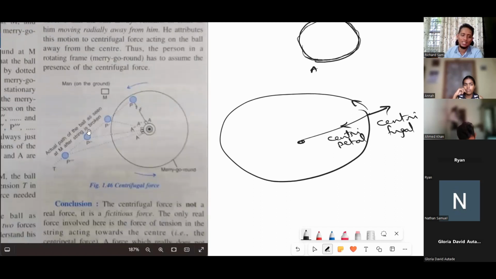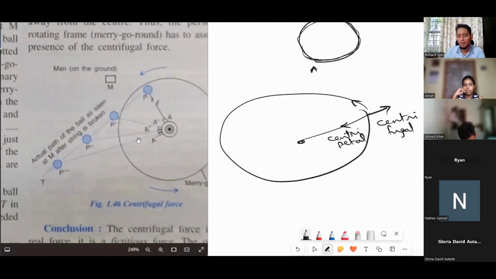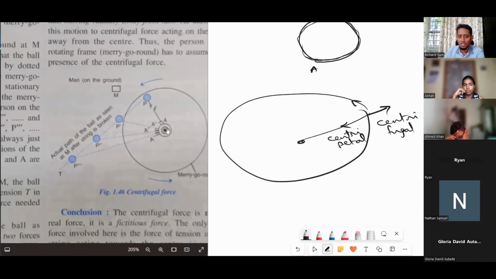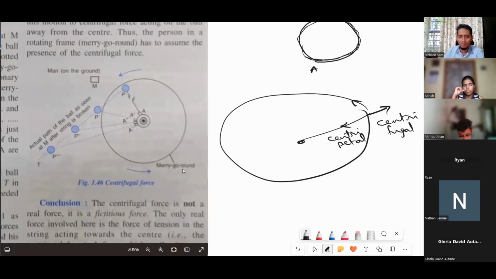See, this is the direction in which the object is going to move if the string is broken. Here is an object P going around A, like a merry-go-round. But suppose the rope breaks right over here. Then which direction is it going to go? Let me just draw it over here.